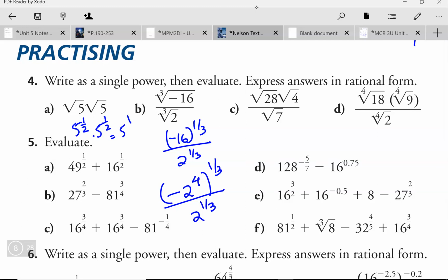Because of this negative, there's no really easy way to... Okay, this negative is going to make the bases not the same, so I can't really do anything about that. This is just a single power. You just evaluate this. Yeah, so cube root of 16 does not exist, so very annoying.